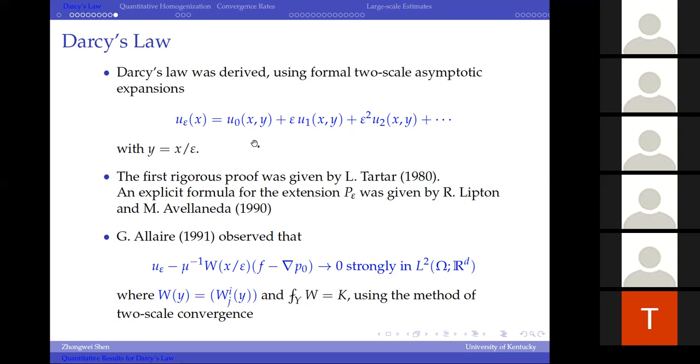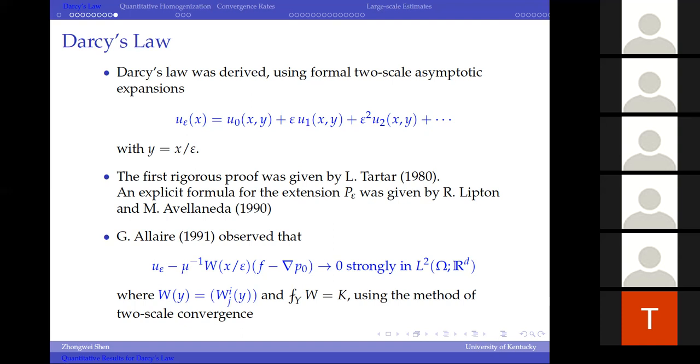You get a weak convergence, but if you subtract the leading term with the fast variable, which is just the first term in the asymptotic expansion, you have strong convergence in L2, and just to remind you again, the average of this corrector w is this constant matrix K. Okay. So this was done using the method of two-scale convergence.